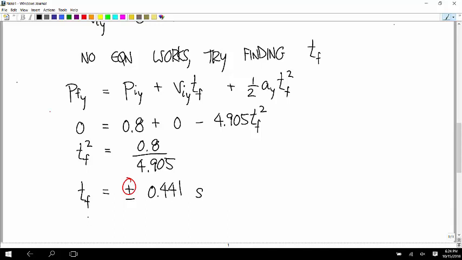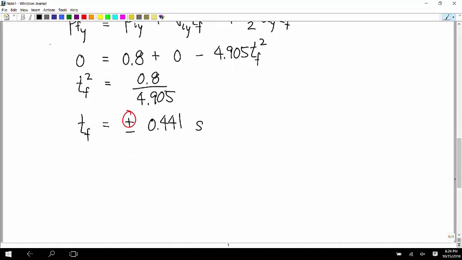Okay, so now we know TF, so that goes into the column of things that we know, and we can use that to find PFX. So PFX is equal to PIX plus VIX TF plus 1/2 AX TF squared.